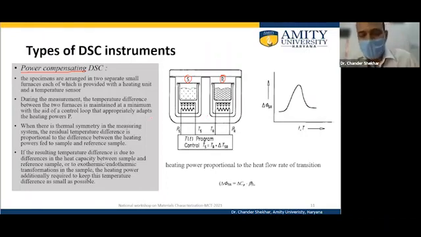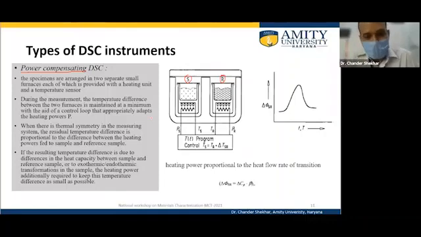If you look at the signatures of the same kind of event in power compensating DSC and heat flux DSC, the endothermic event for the power compensating DSC will go up, whereas in the heat flux DSC it will go down, because in power compensation DSC we are not measuring the temperature of the sample and reference, but we are monitoring the power given to the sample in comparison to the power given to the reference.